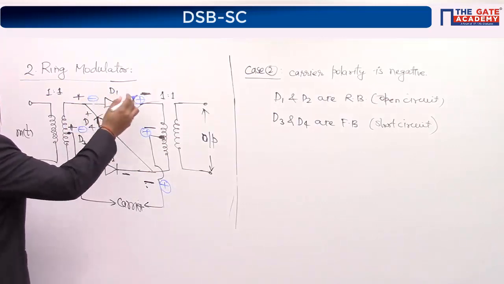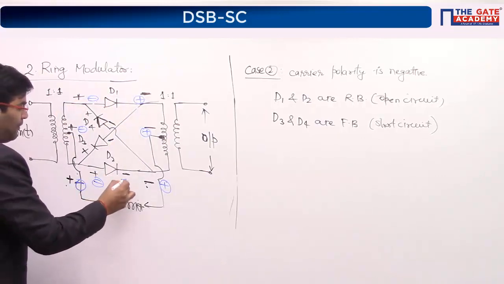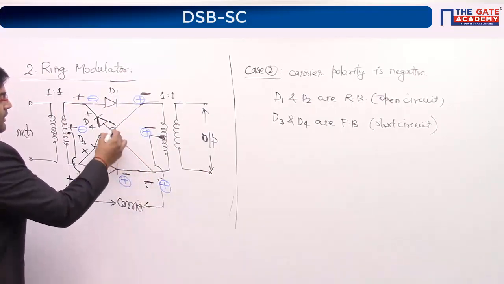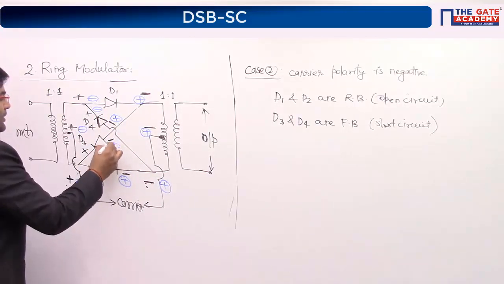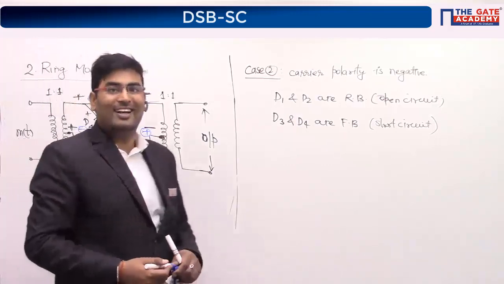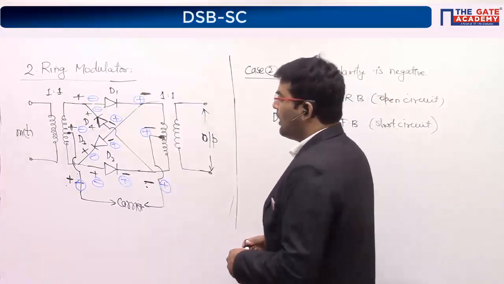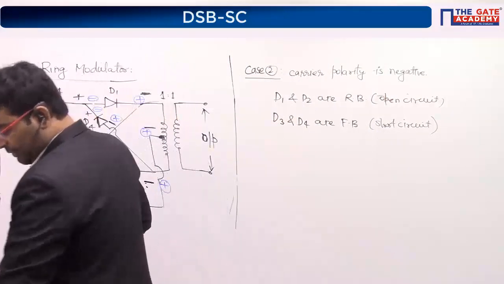Minus on the P side, plus on the N side, reverse bias. Minus on this side, plus on this side, reverse bias. This is plus and this is minus, and similarly this is plus and this is minus. That's why these two are forward biased. Clear, guys? So now it will not be empty. The output will come.